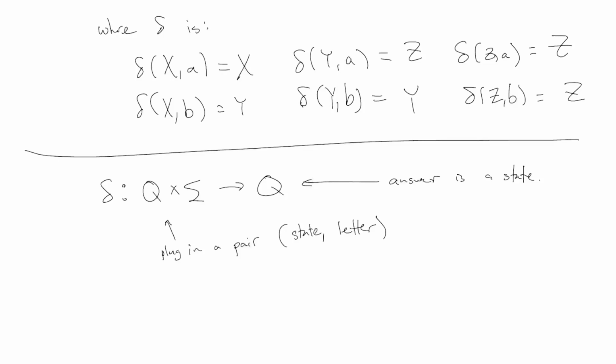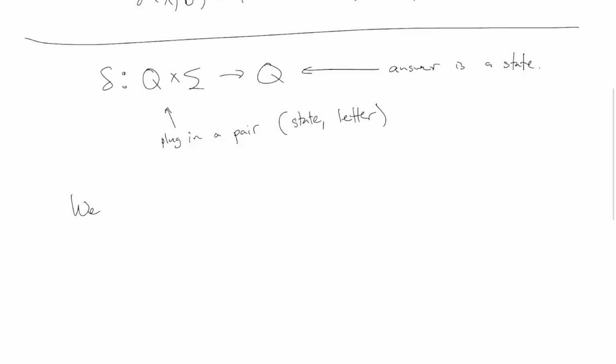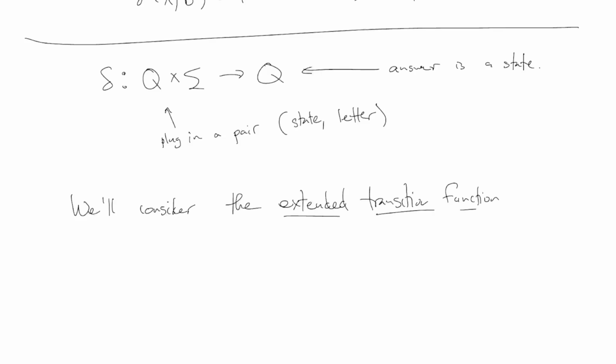We are going to make use of a slight variation on delta. We also will consider what we call the extended transition function. The extended transition function is a function where you don't just put in a letter, but you can put in a whole string.